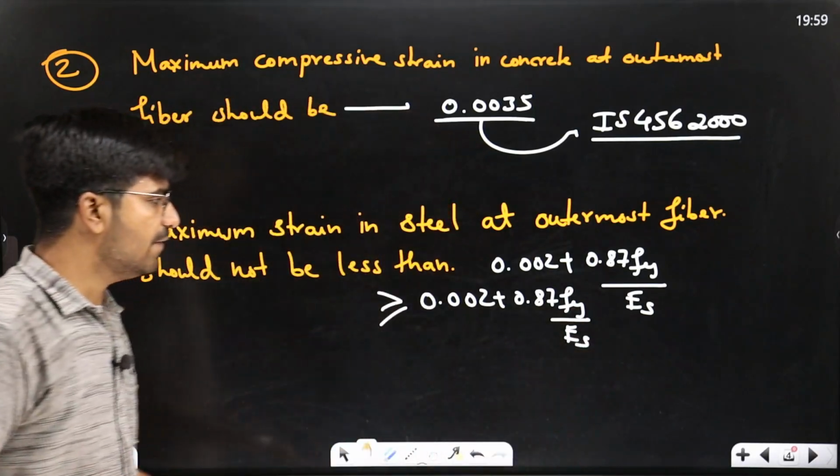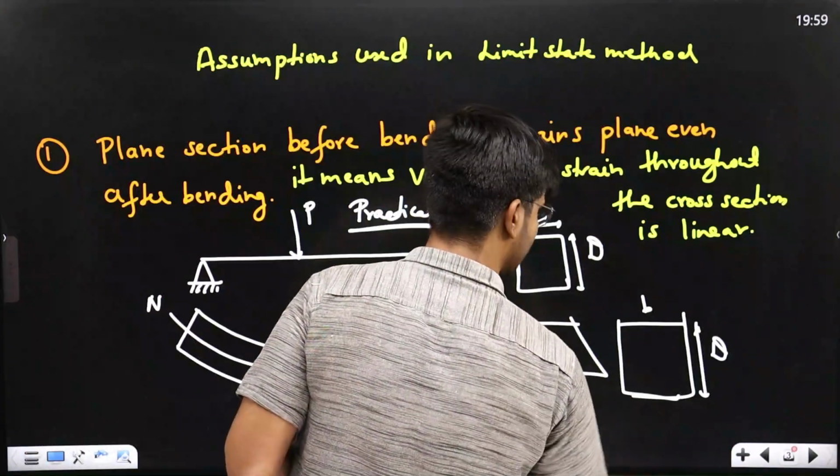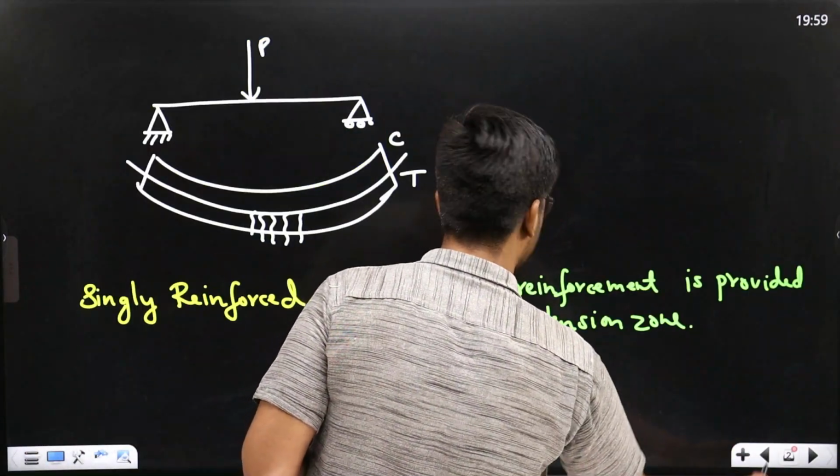Means it should always be greater than or equal to 0.002 plus 0.87 Fy upon Es.